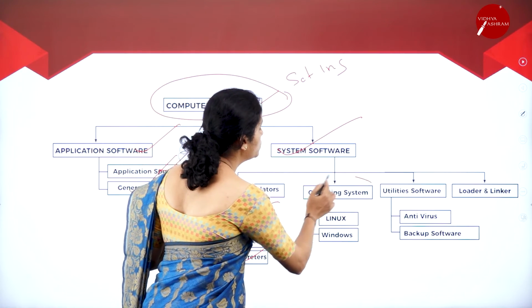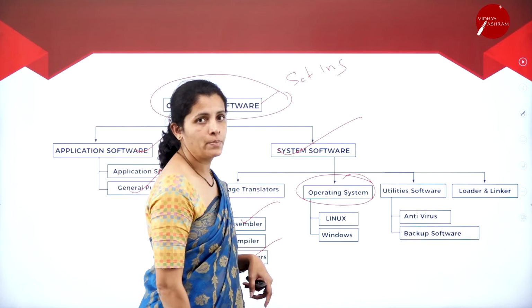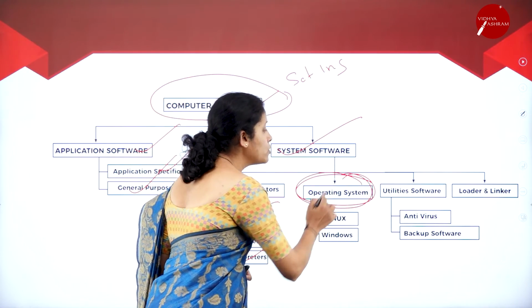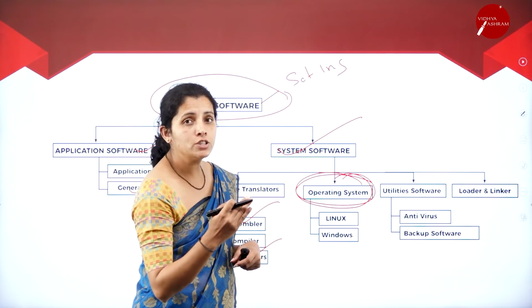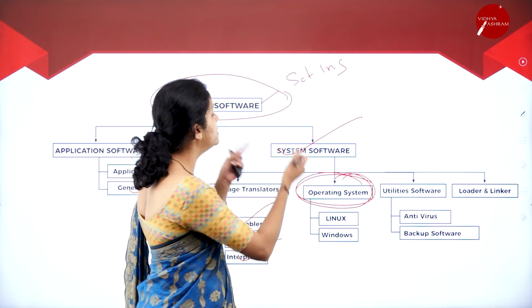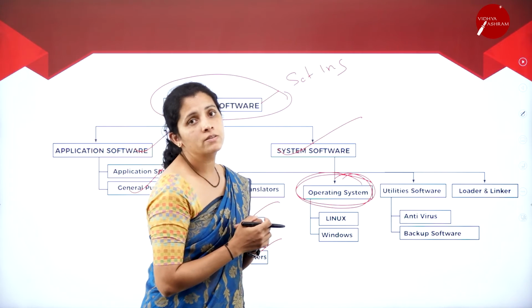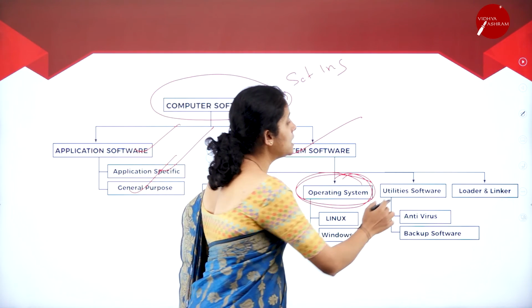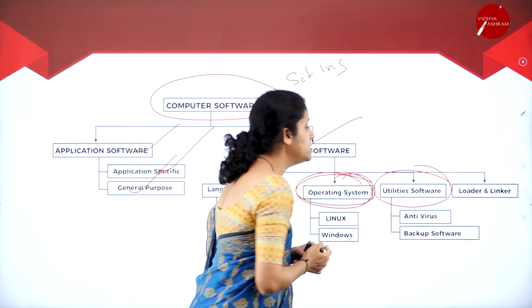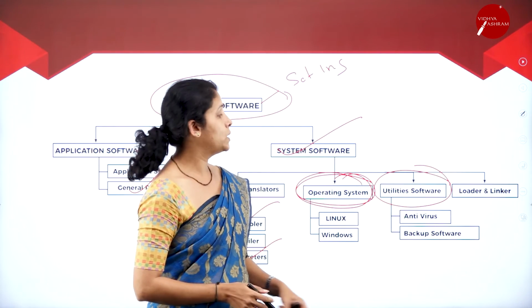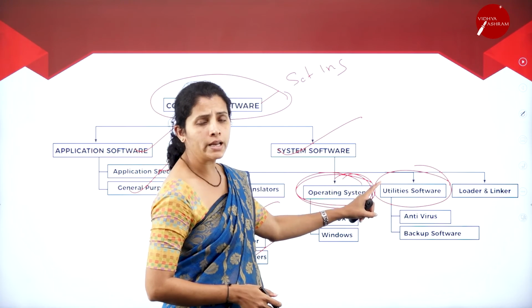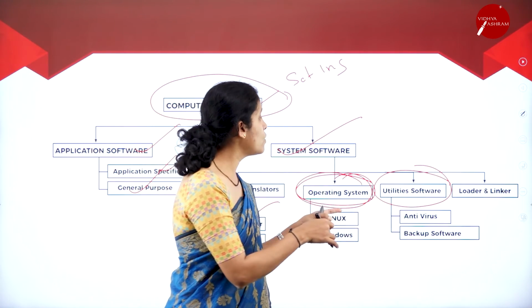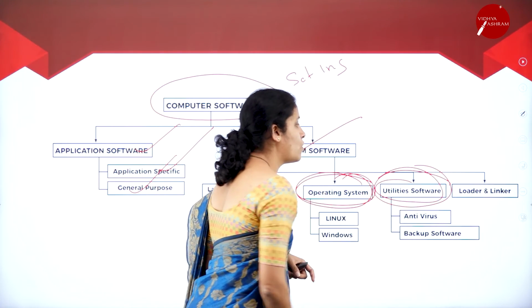Then we have the operating system. In my next session, we are going to discuss the operating system, the functions of operating system, and some examples of an operating system. Then in today's class, we discussed what is utility software, what is the need of utility software, and the examples of utility software.